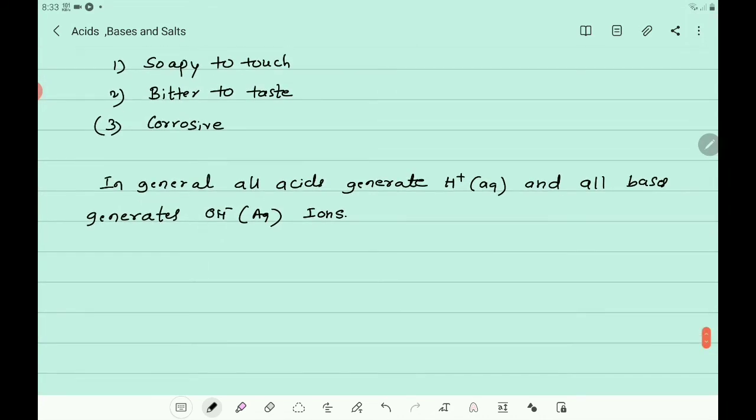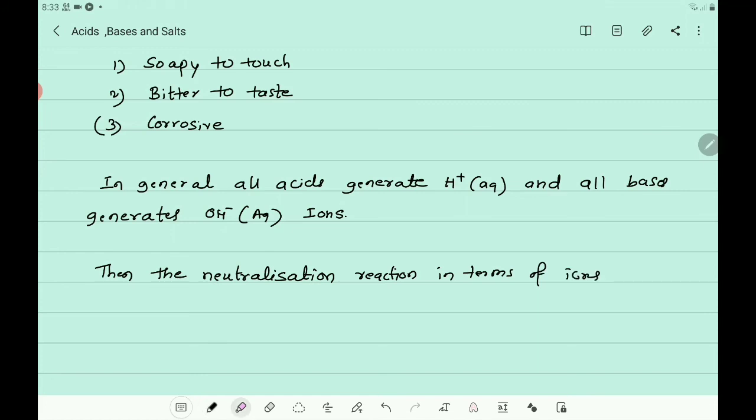Then we can write the neutralization reaction in terms of ions.